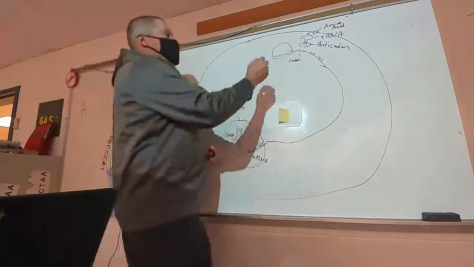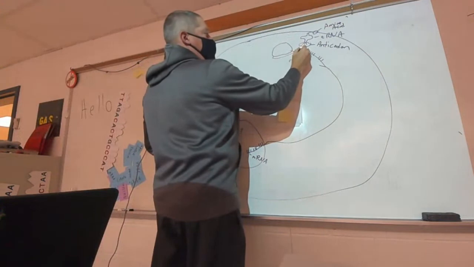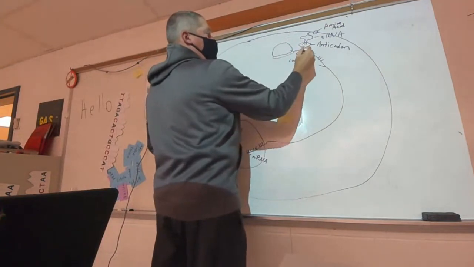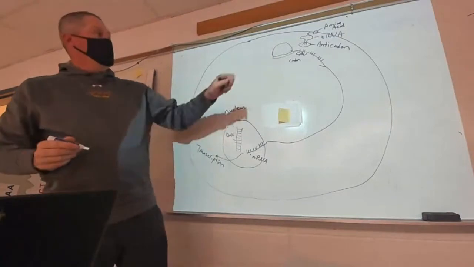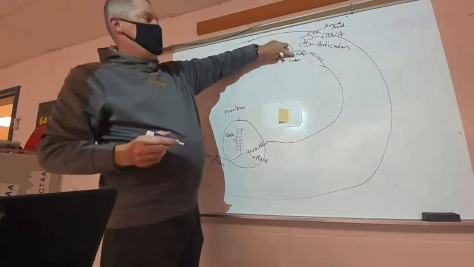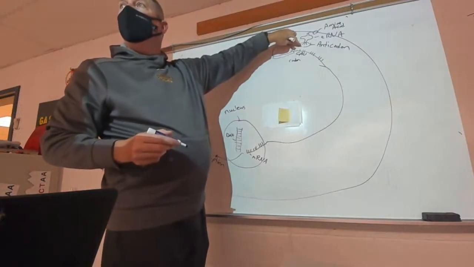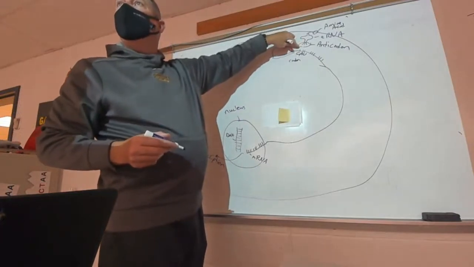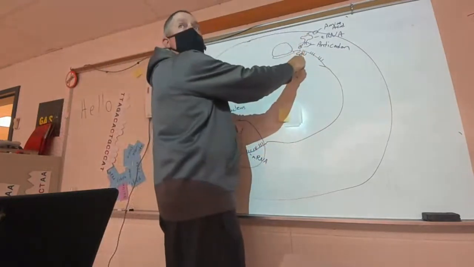Okay. So, for example, what if this codon was CAU? What would match the C in RNA? What goes with C? What goes with A?